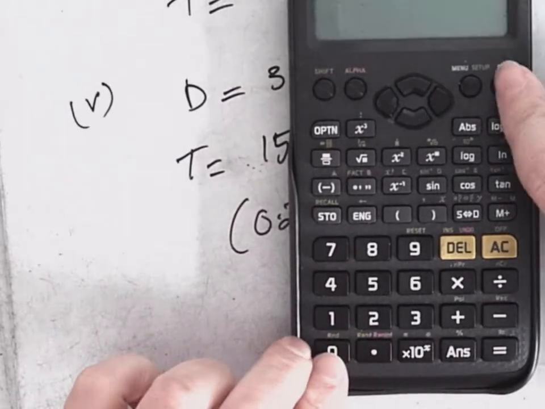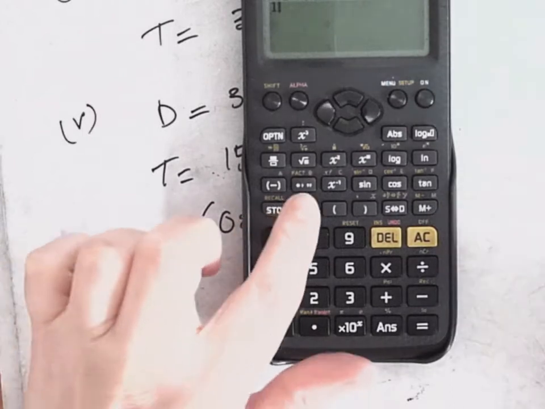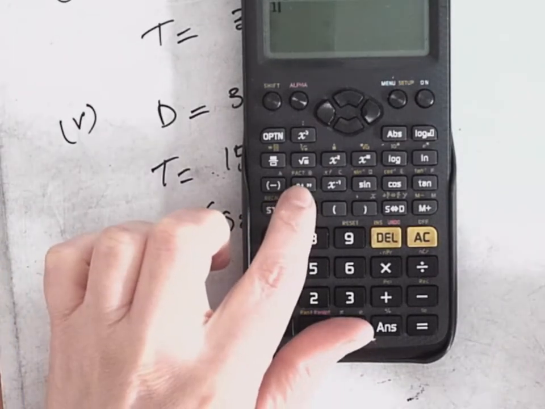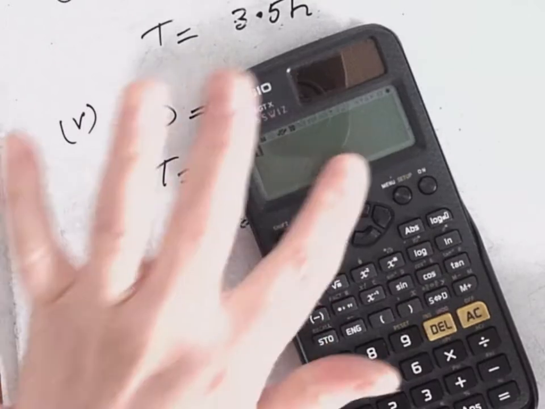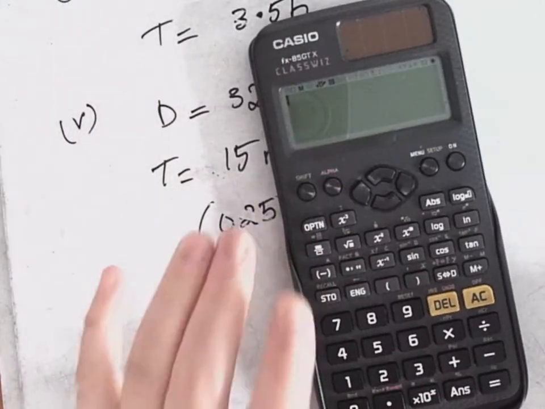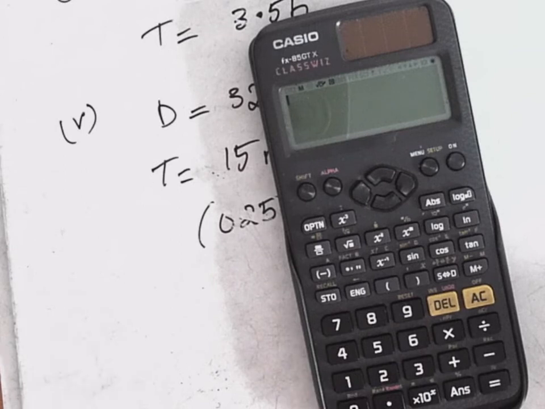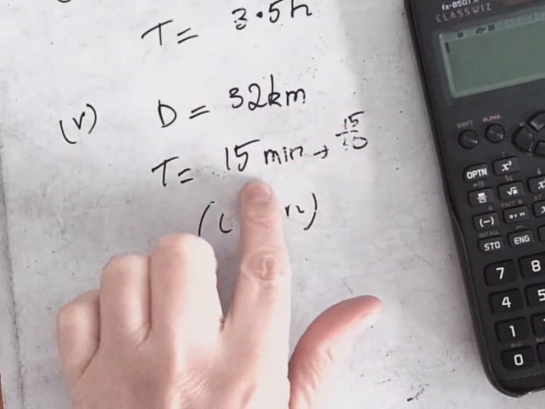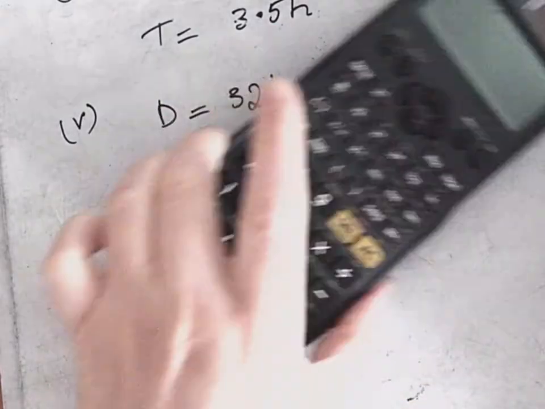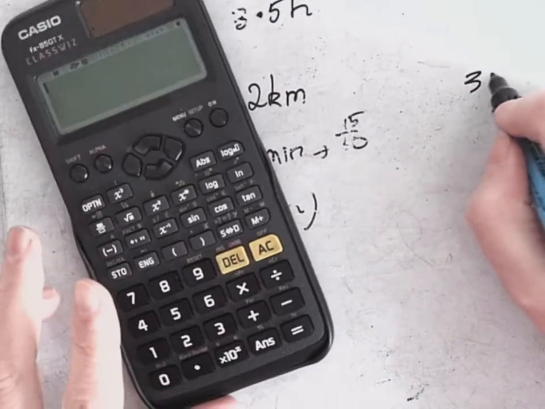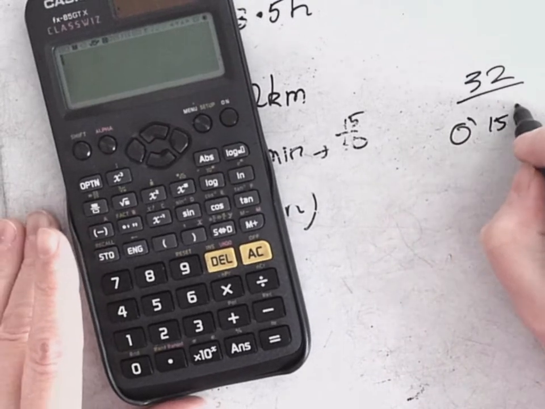See this button here with all the inverted commas on it? You can use that for time, but when you use it for time, girls, you have to put in the hours and the minutes. For the example here, this is no hours and 15 minutes, so you want to do 32 divided by no hours and 15 minutes.